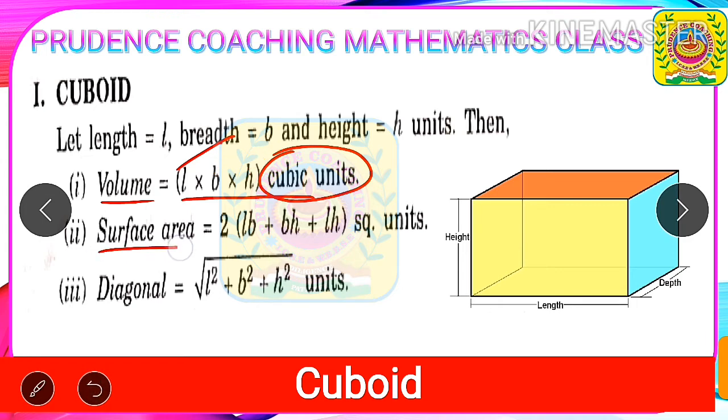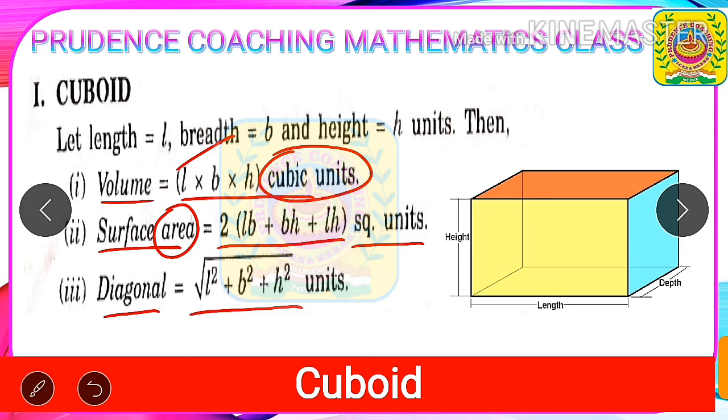Next we have the surface area, and for area we need to use square units. For the diagonal, you need to memorize the formula, that is root over L square plus B square plus H square. And here we are not given the total surface area, so your homework will be to write the formula of total surface area in the comment box.